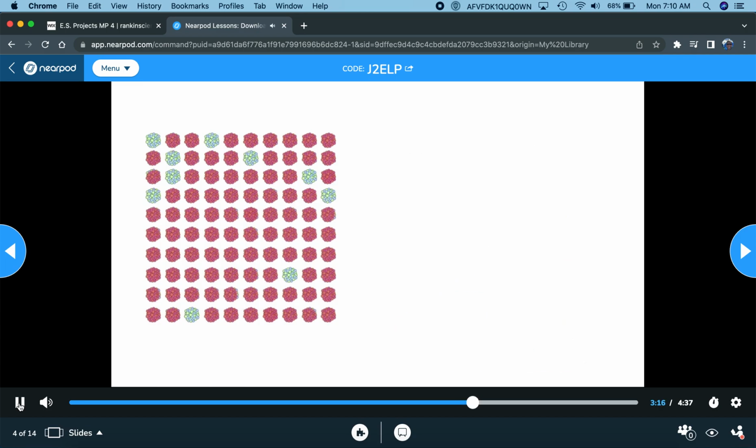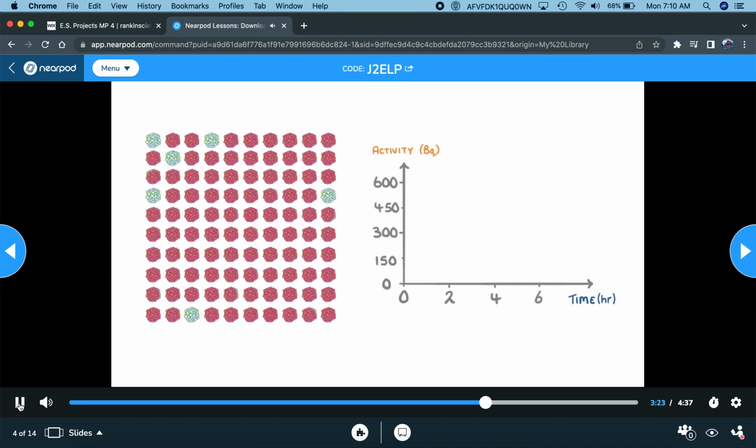Another way to show this decay process is by using a graph that plots activity in becquerels against time. As time goes on, the number of particles remaining and the activity of the sample will decline. But the rate of decline will also fall. I just want to let you guys know that becquerels would not be on any graph you're working with.